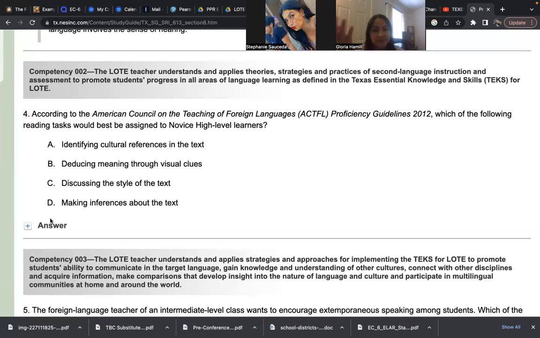You were explaining that they do learn through connecting with the pictures, but yeah, I would say A, but I'm not 100% sure. Okay, let's see.